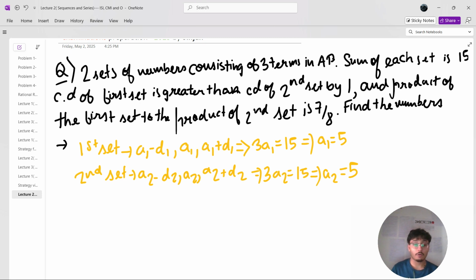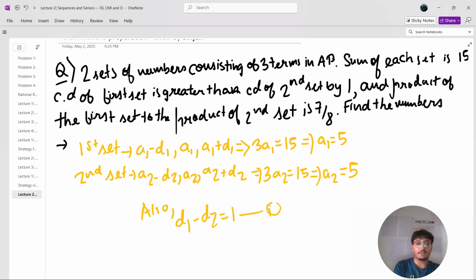So we have got one piece of information, the first terms of both the series. The common difference of the first set is greater than the common difference of the second set by 1. So D1 minus D2 is 1. This is my one equation.